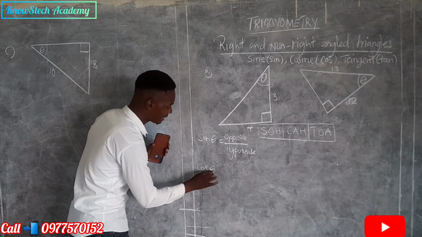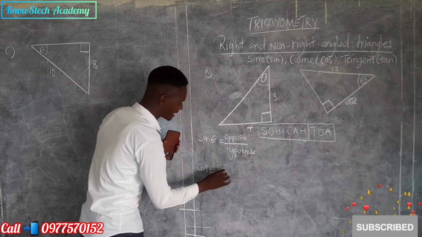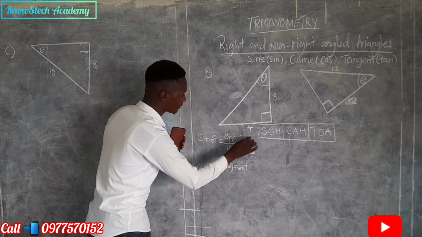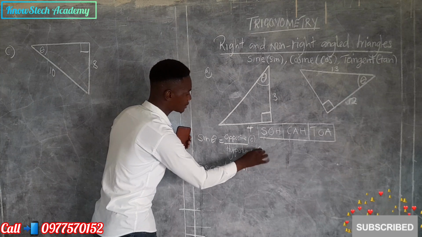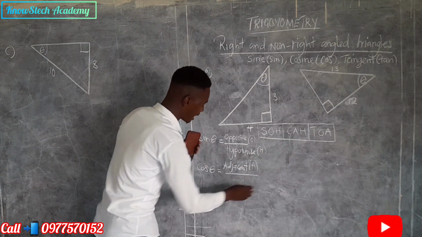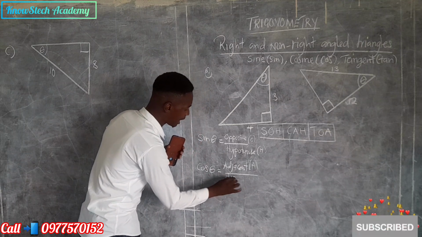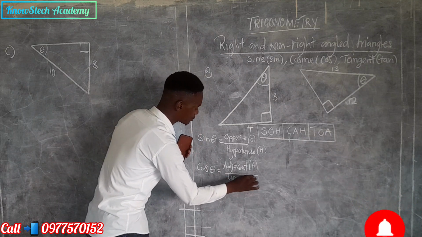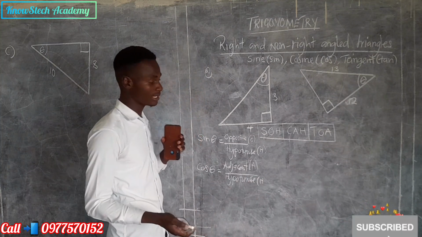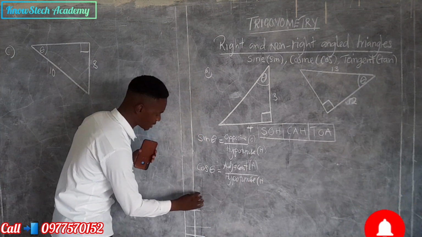Cos theta is equal to adjacent over hypotenuse. This one is O, this one is H, this one is A. Then finally, we have tangent.